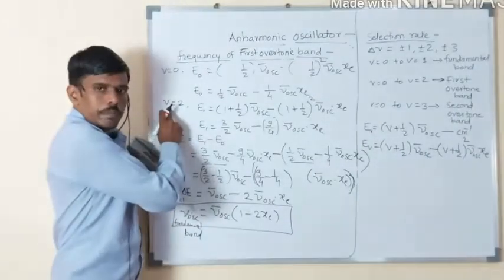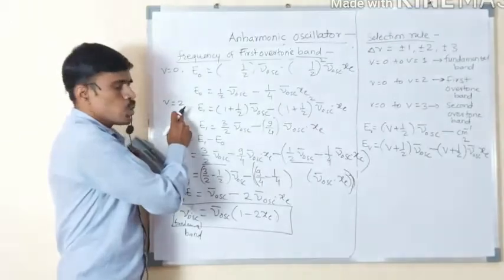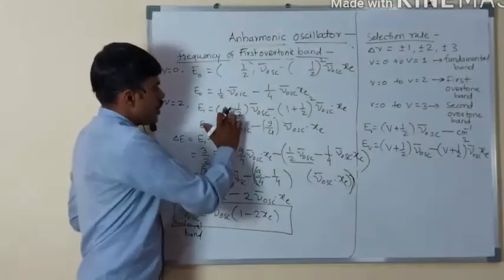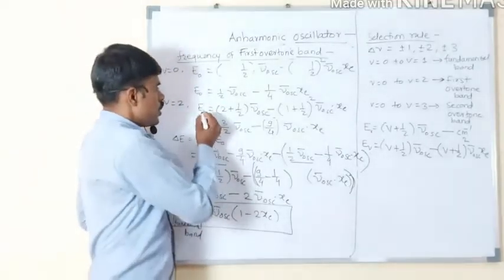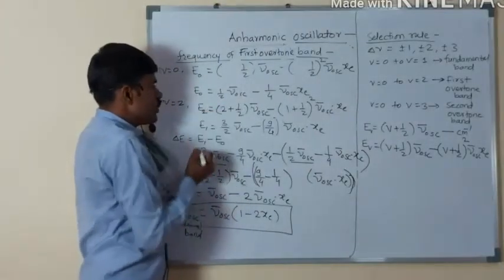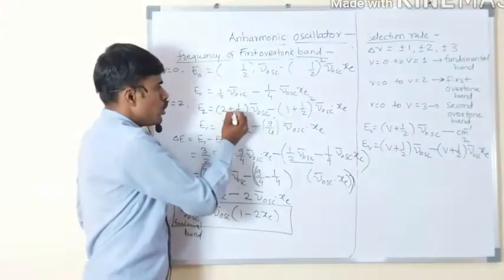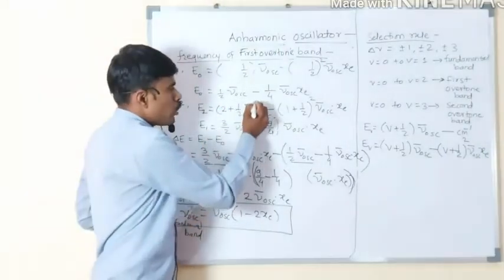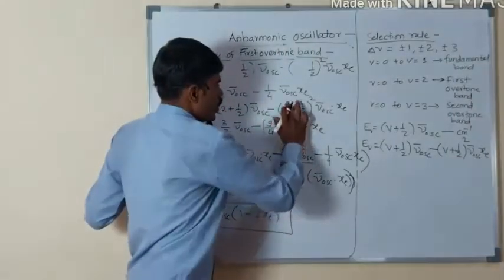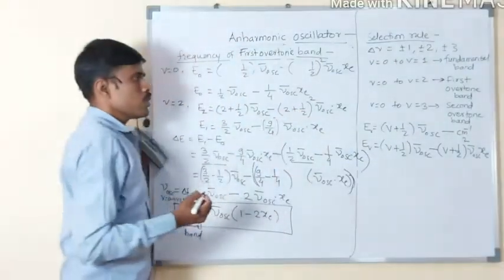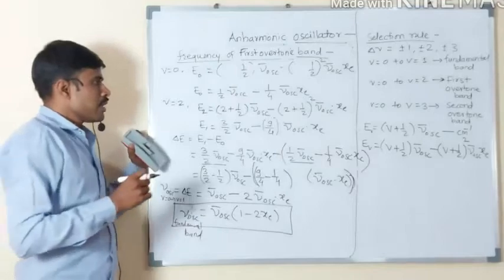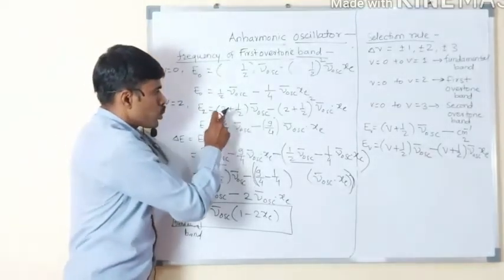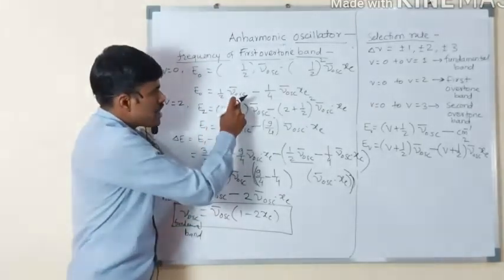After putting the value V equal to 2, E2 is equal to (2 plus 1/2) ν̄ of oscillation minus (2 plus 1/2) square ν̄ of oscillation into Xc. 2 multiplied by 2 is 4, plus 1 is 5 by 2.